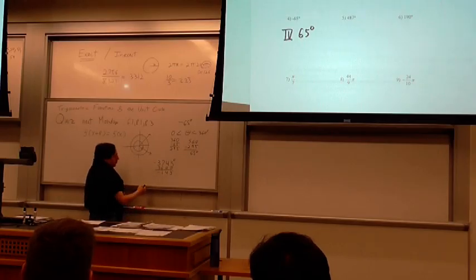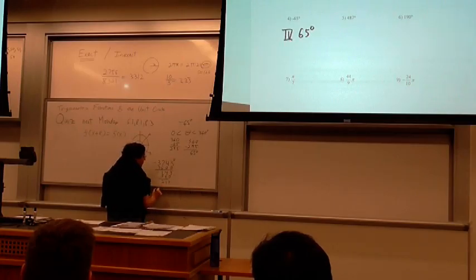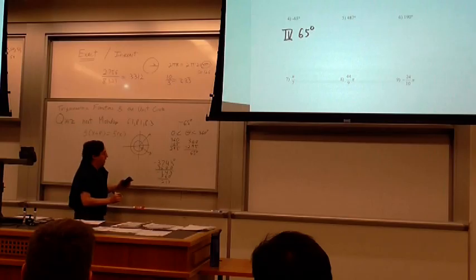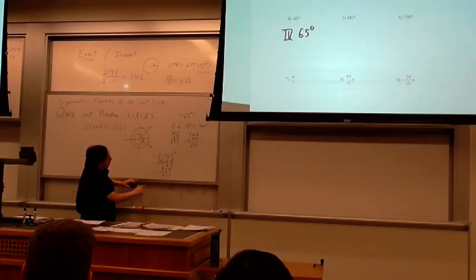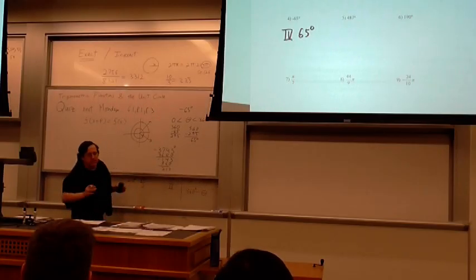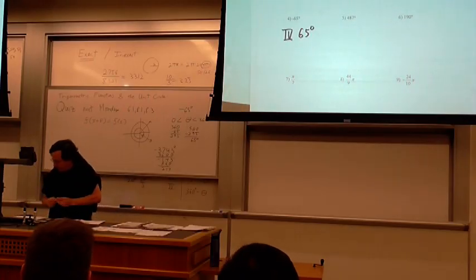So we want to add 360 to that. So that's going to be 217 degrees. And now 217 is going to be in the third quadrant, so I'll subtract 180 from that. I probably won't do that to you. I mean, I suppose I could.